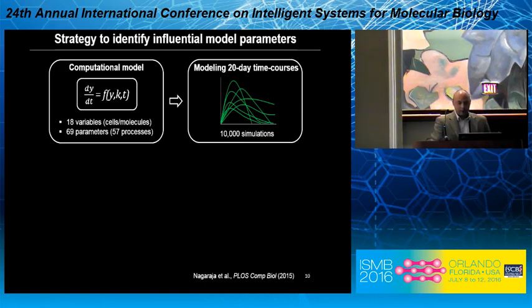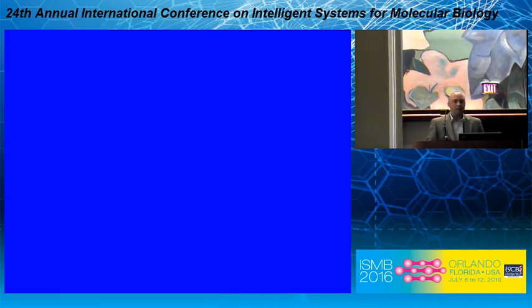And then we use this data to calculate the 4 inflammation indices for each time course. So we have the 4 inflammation indices for each model variable for each of the 10,000 simulations. And finally, we use this information to perform sensitivity analysis and correlation analysis.